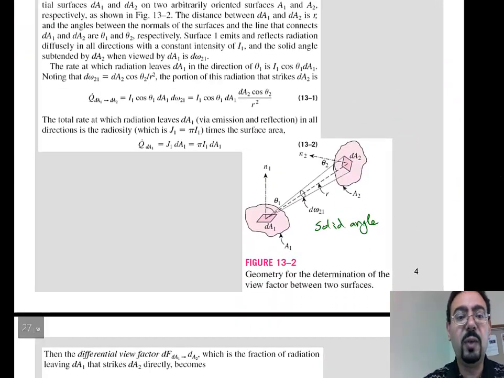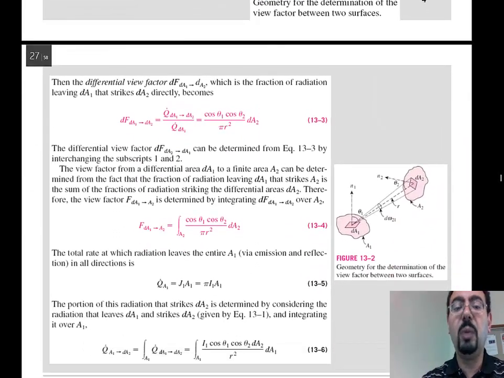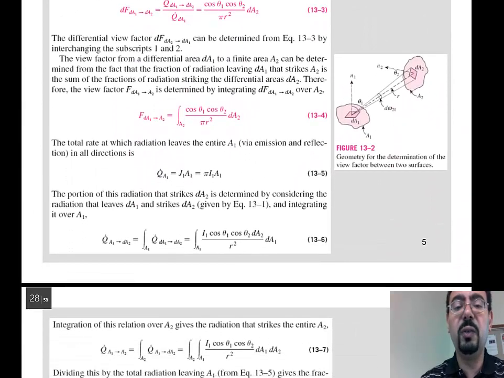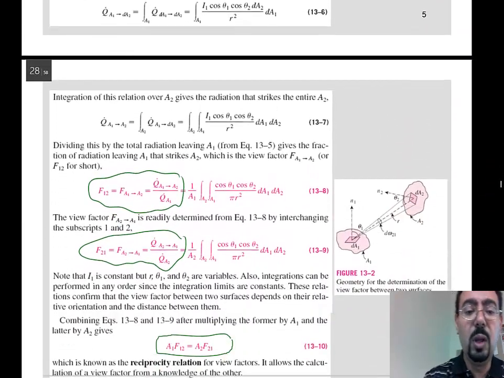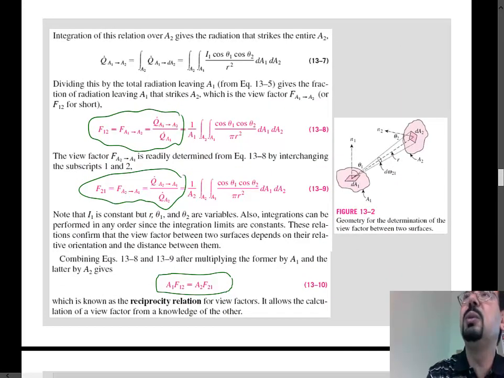He is trying to develop how much is the Q leaving surface i going to j, and how much of the Q leaving surface j comes to surface i. I will let you actually read this derivation. I don't want to read it for you. But it turned out, here is F12, the fraction of the Q leaving 1 and hitting 2.